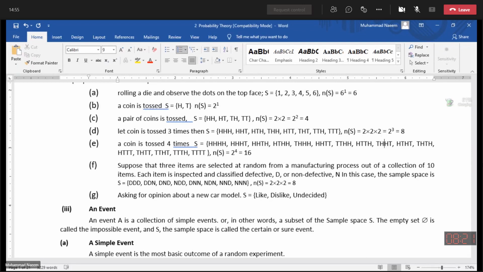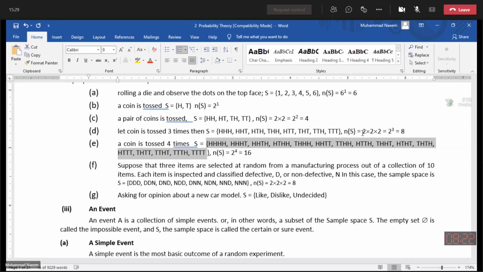Similarly, when a coin is tossed 4 times, just as we draw 3 items from a container with each one having two possibilities, either good or defective, even then we have the same sample space.